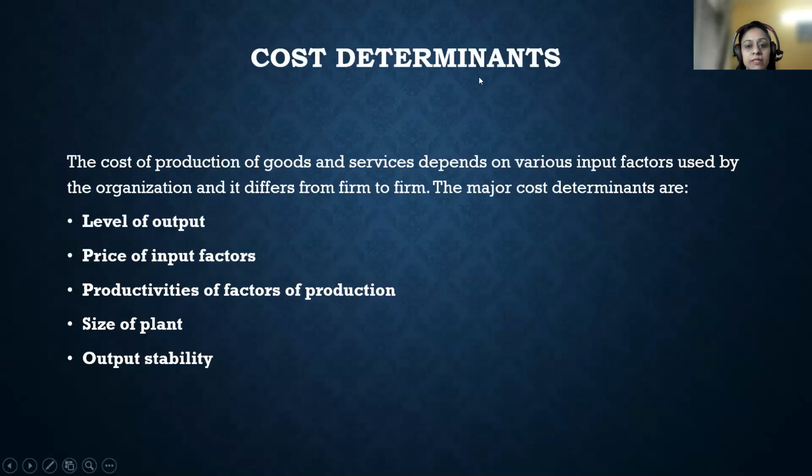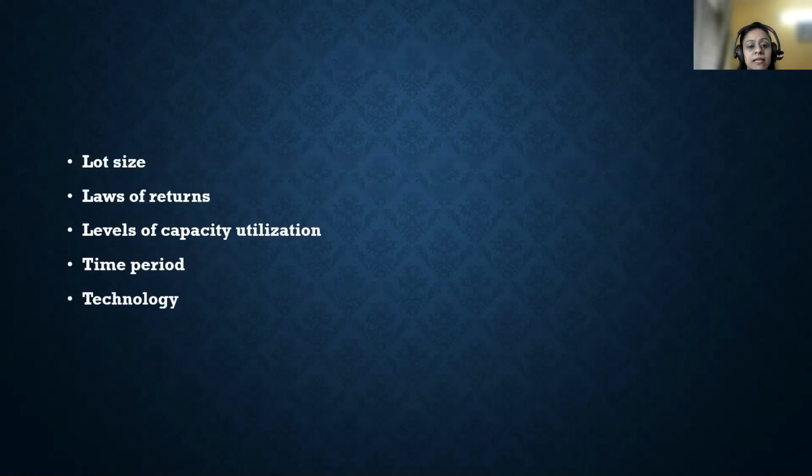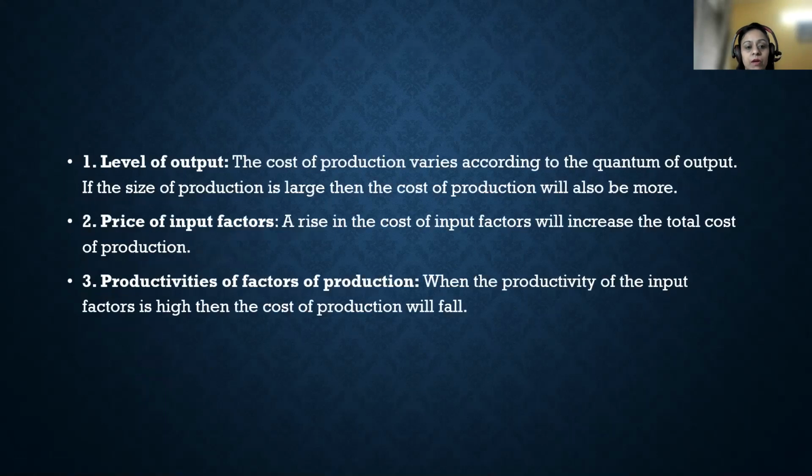Various cost determinants are factors like levels of output, price of input factors, productivities of factors of production, size of plant, output stability, lot size, law of returns, levels of capacity utilization, time period, technology, etc. Let us discuss these factors and their effect on the cost of production one by one.